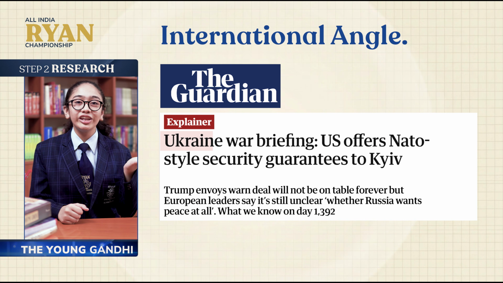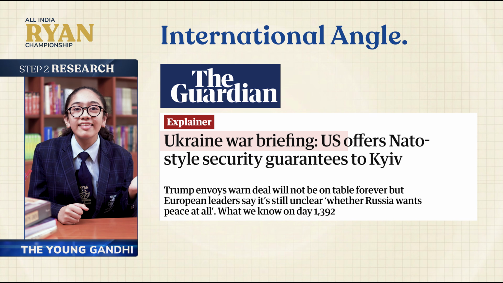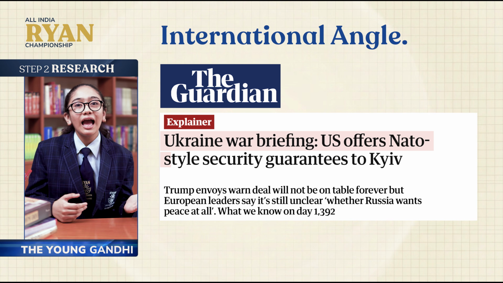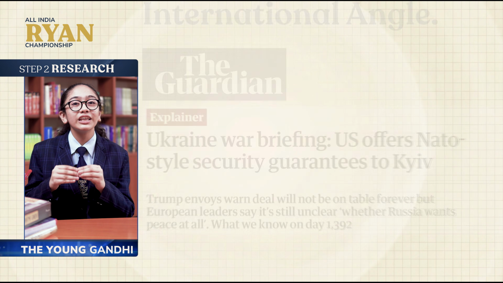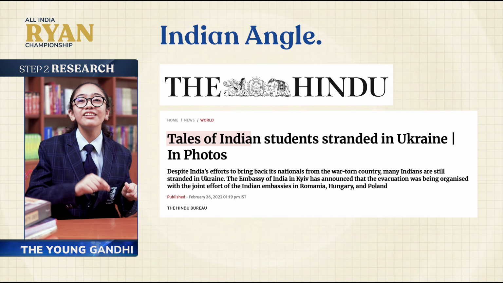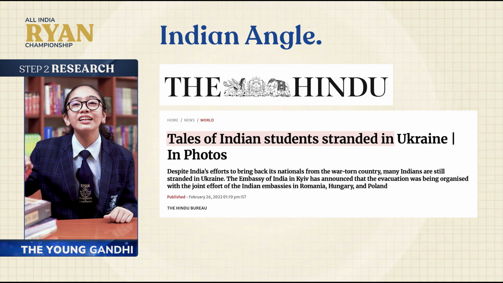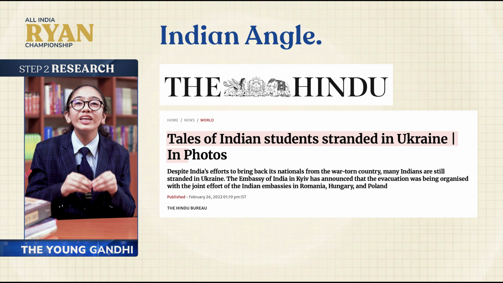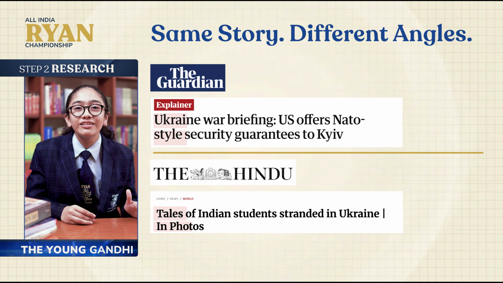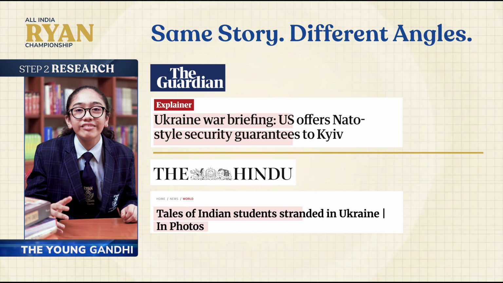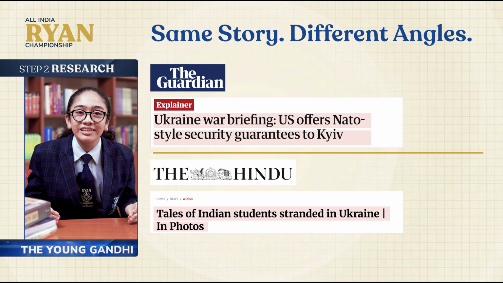The Russia-Ukraine war on an international site talks about NATO and European security, while the same event on The Hindu talks about Indian students stuck in Kharkiv and why wheat got expensive in India. Same event, different angles, different priorities.